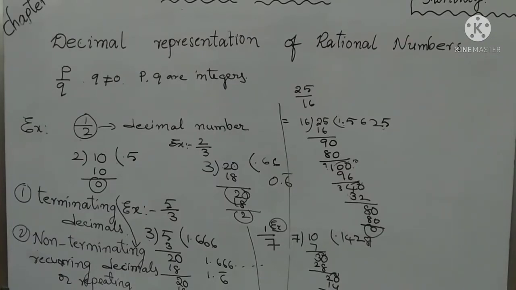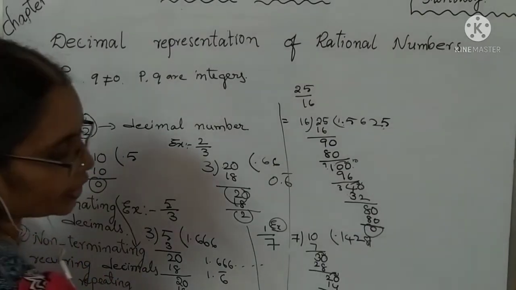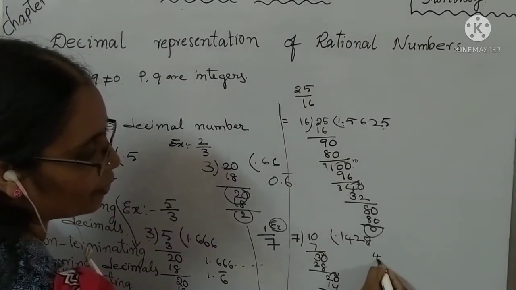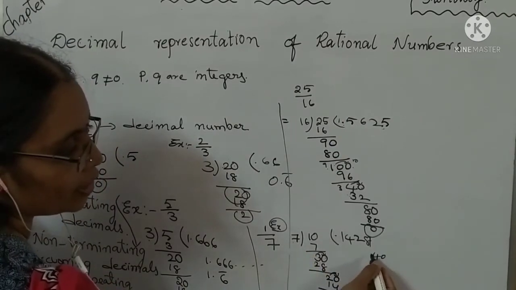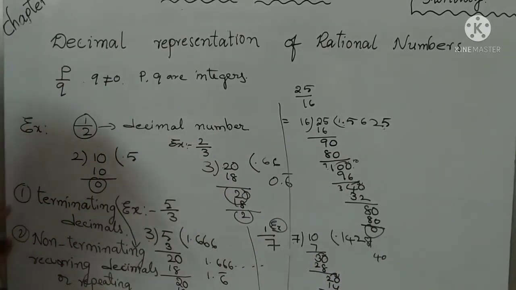So here 6, 0. So 4 0, 40. Here 0.1428. So here 40. Okay. 7 how many times is it possible? 7 fives are 35.